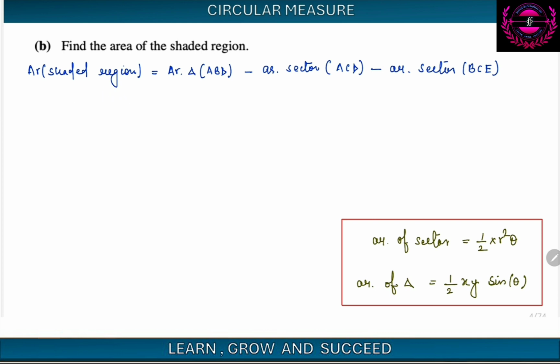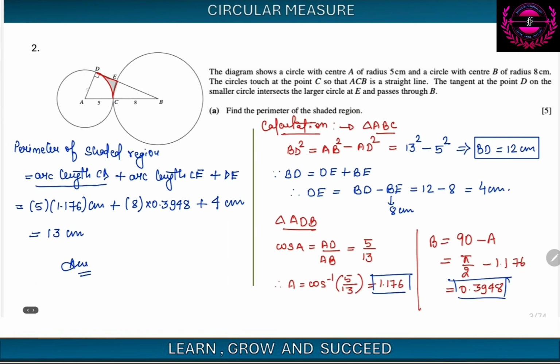So now the area of the shaded region will be the area of triangle ABD, which is half into 5 into, okay, I can also find the value of this triangle without using sine theta, because this is a right angle triangle, and I can use half into base into height. So in this triangle, I can take base as AD and height as BD. So base is 5 and height is 12. This is 12 and this is 13.